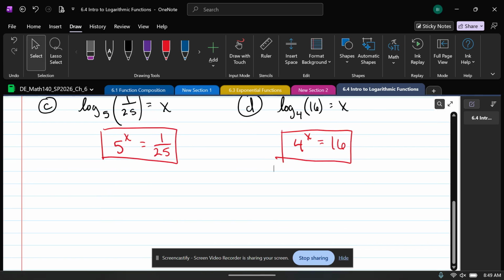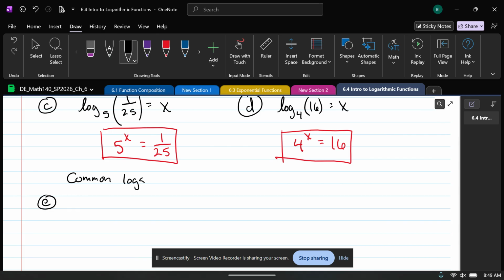All right, the next couple are what we call common logs. Common logs are log base 10 and the natural log, ln.